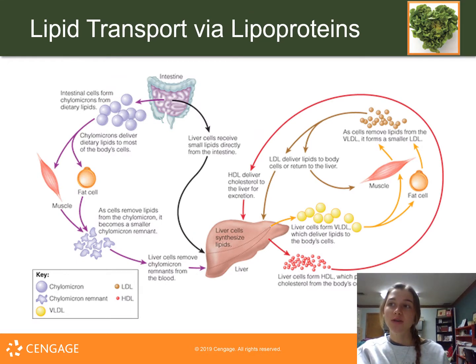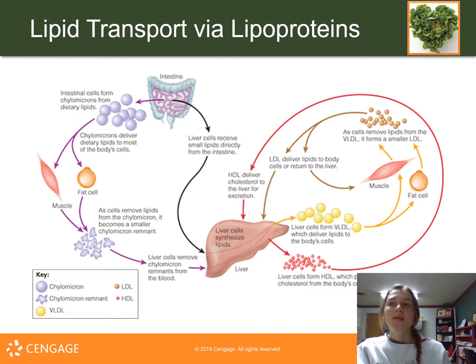With the lipid transport, this is a good diagram that summarizes what we went over. The liver cells synthesize the lipids, and those liver cells form HDL, which pick up cholesterol from the body cells, so they'll make their circuit around, and then HDL will deliver cholesterol to the liver for excretion.